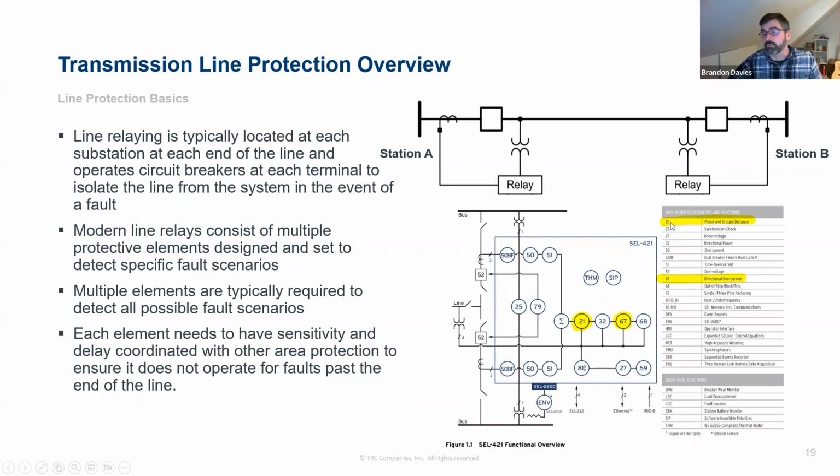And similarly, your distance elements are going to use voltage to calculate the measured impedance at the relay. So in both cases, if that's what you've applied for line protection, your relay really needs this voltage to make an informed decision about if there's a fault or not. The algorithm's going to need that voltage.